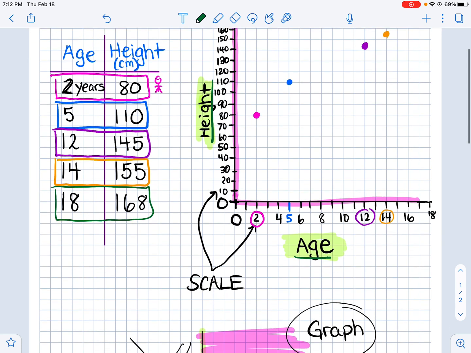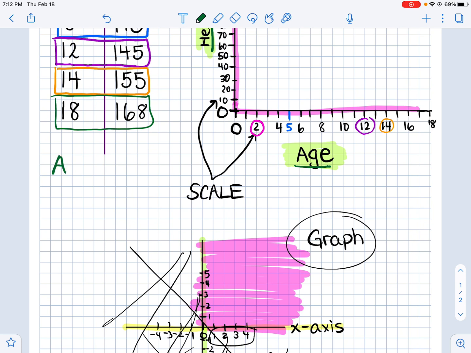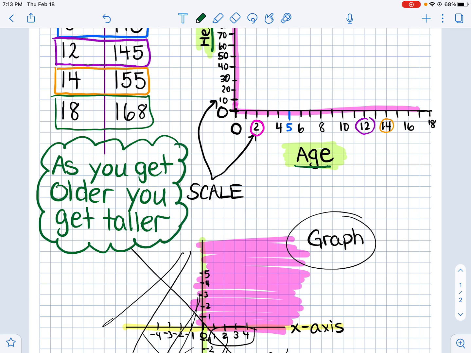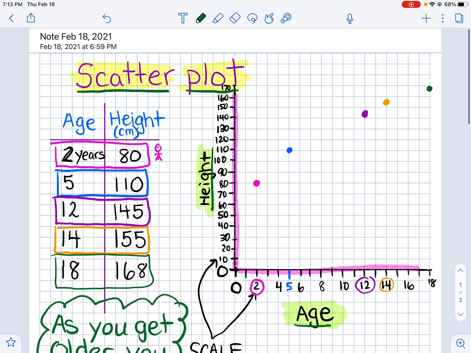So this graph shows us that as you get older, you get taller. That's what we found out. You probably already knew that, but as you get older, you get taller. That is a scatter plot.